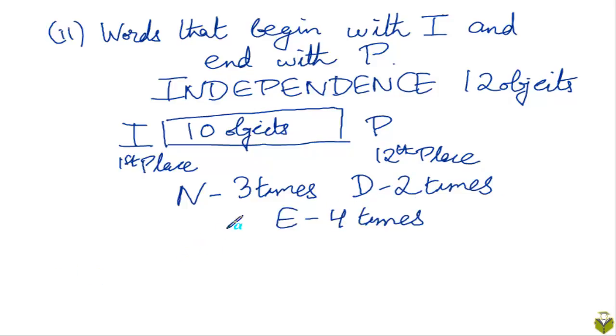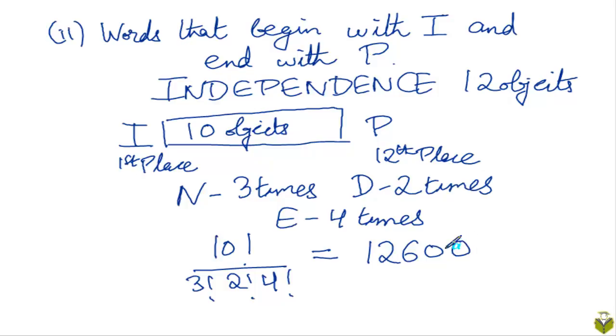So the arrangements now are 10 factorial, that is the total number of objects which you are arranging, divided by each of the objects that are repeated: 3 factorial, 2 factorial, and 4 factorial. And this is equal to 12600. So this should have been pretty straightforward for you.